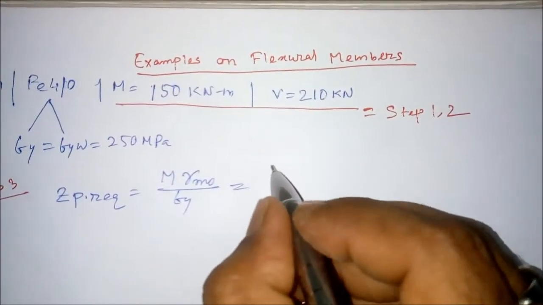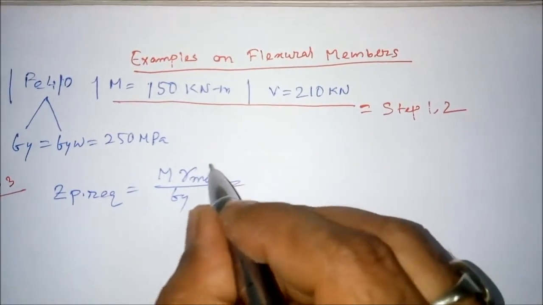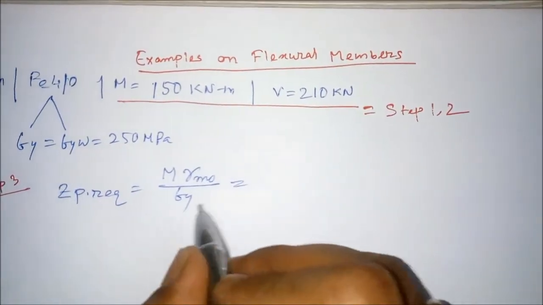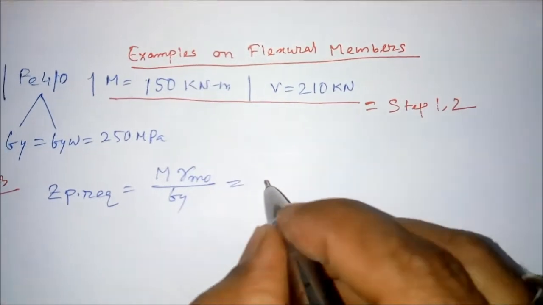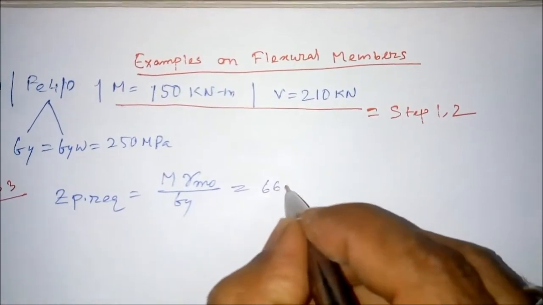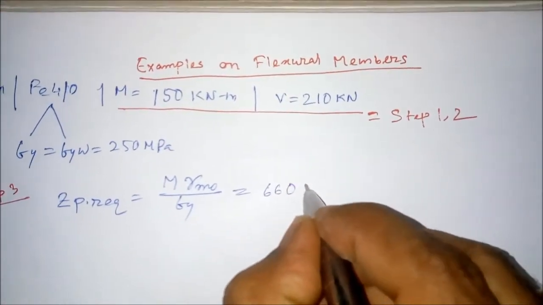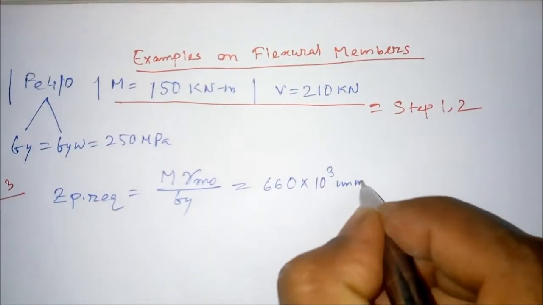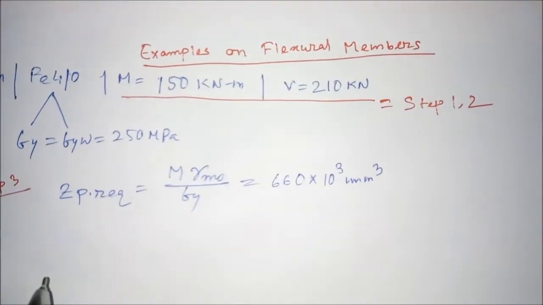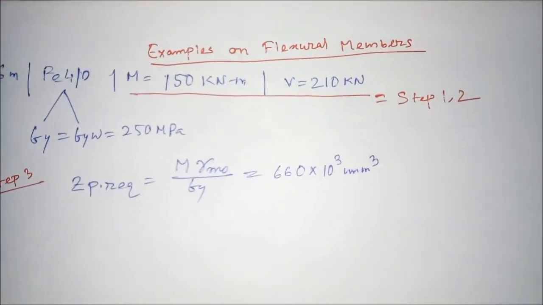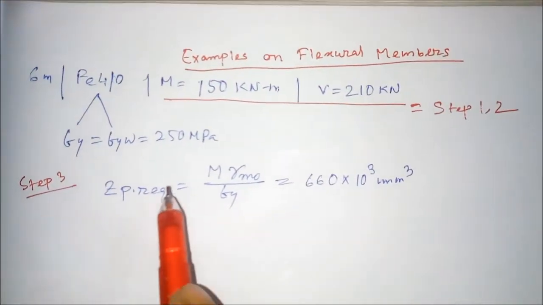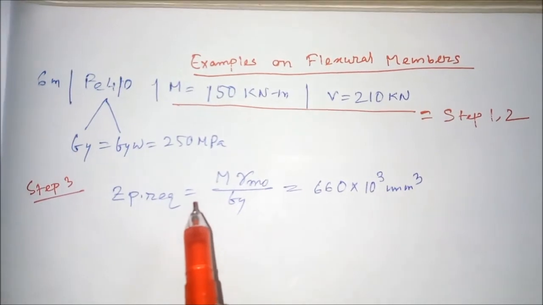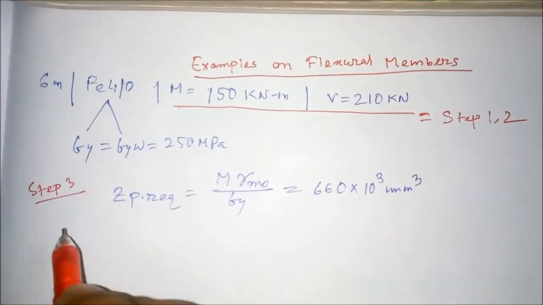So M is given, gamma M0 is known, that is 1.1, Fy is known. So we can find out the Zp required, and the value of Zp required is 660 into 10 to the power 3 millimeter cube. So this is our Zp required, right? So we have to find one section whose Zp is greater than this value.